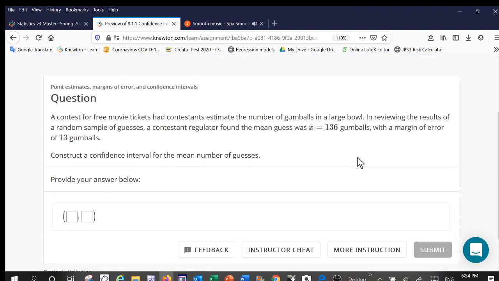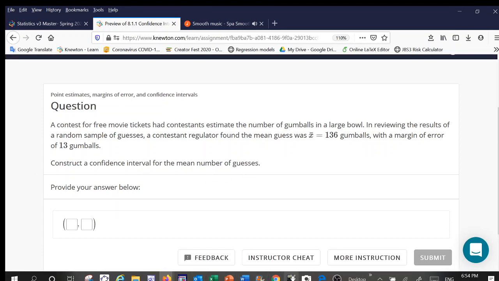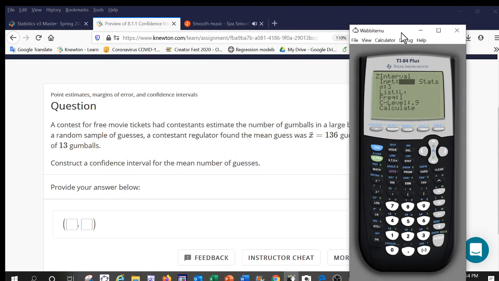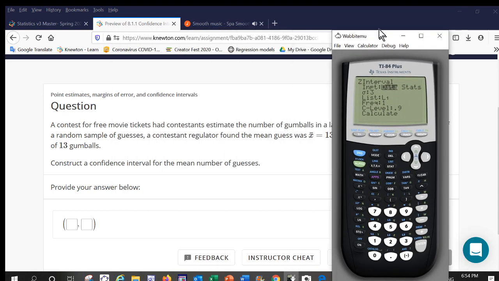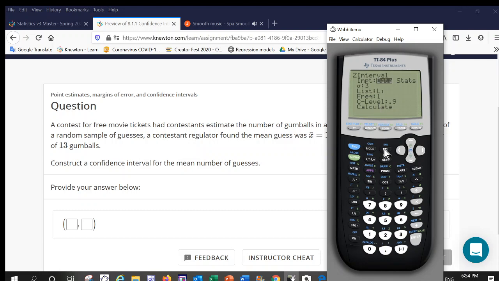Now it says construct a confidence interval for the mean. So let's use the calculator quickly here. I'm going to do a z interval, but I'm going to do it with the statistics because we are given statistics.